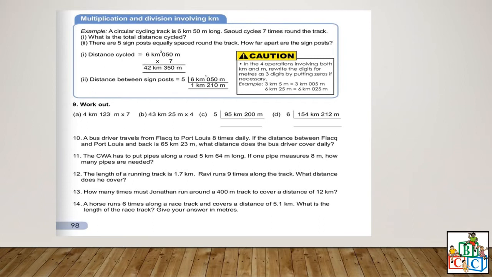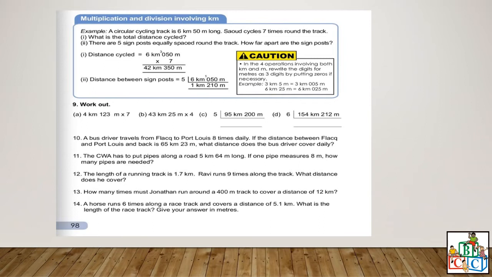In the 4 operations involving both kilometers and meters, rewrite the digits for meters as 3 digits by putting zeros if necessary. Look at the examples. 3 kilometers 5 meters. You're not going to write 3 kilometers 5 meters as 500 meters. It is 5 meters. It remains the same.